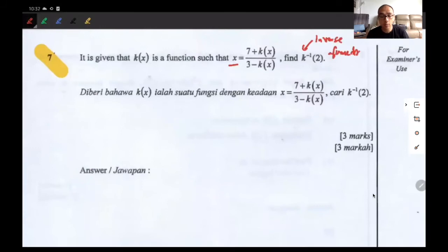Now, whenever we do inverse function, the old step is, what is it? We always use what? Let. So let k^-1(x) equals 2.